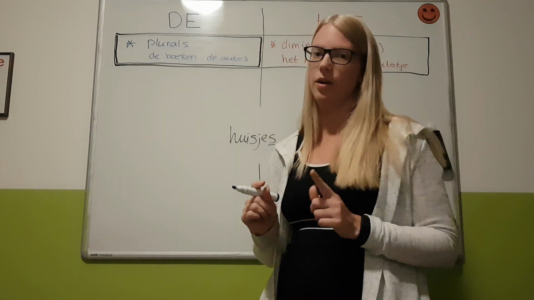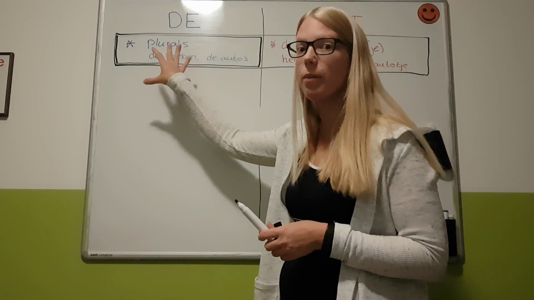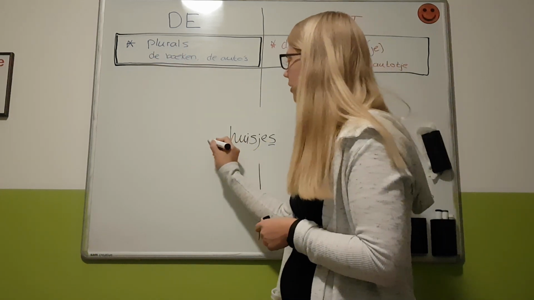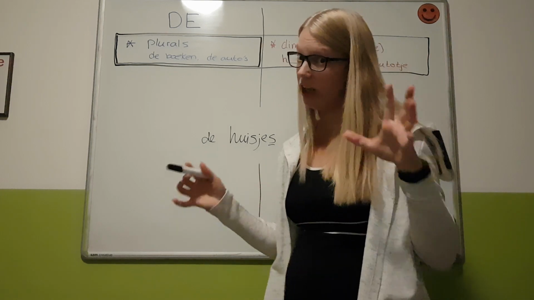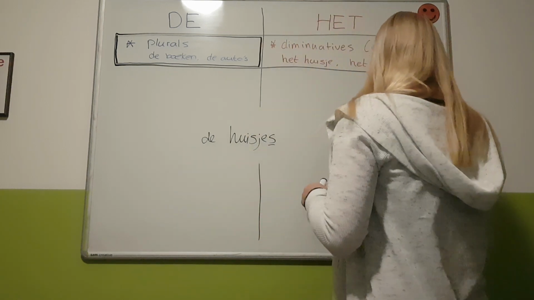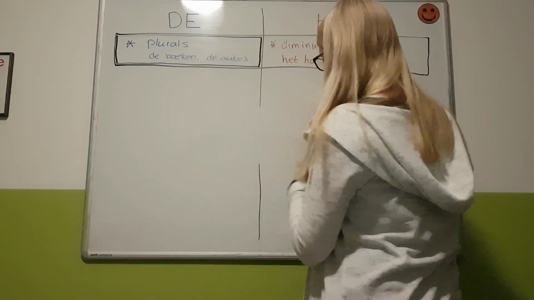That's where we get to the dominant part. So the plural rule is more important. So it would be de huisjes. Alright? Just in case you might bump into this situation. So that's what I mean with dominant.